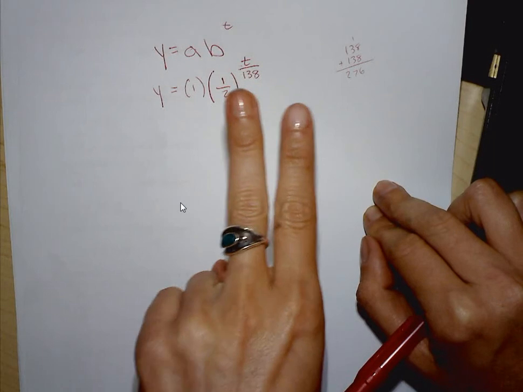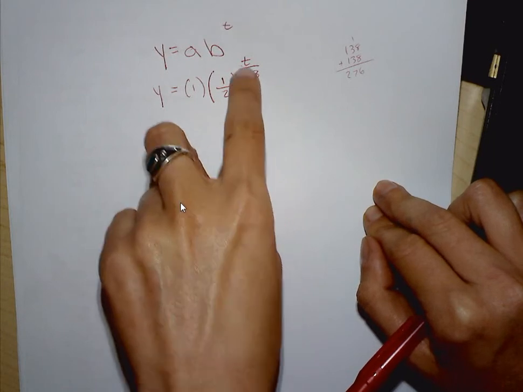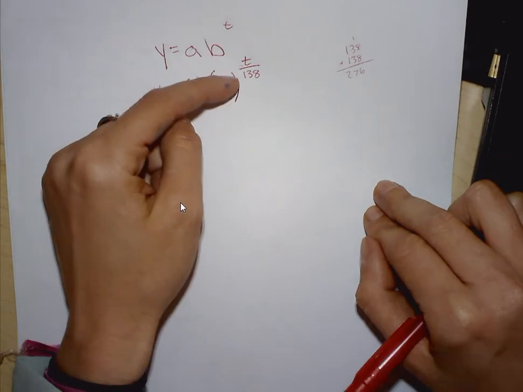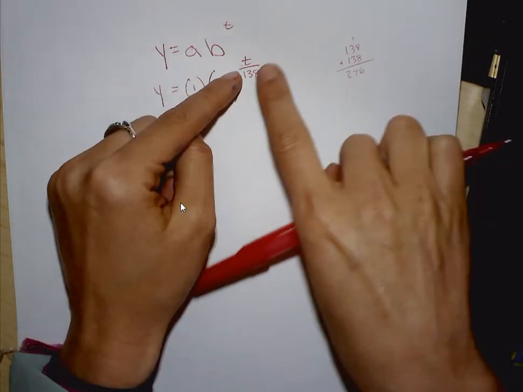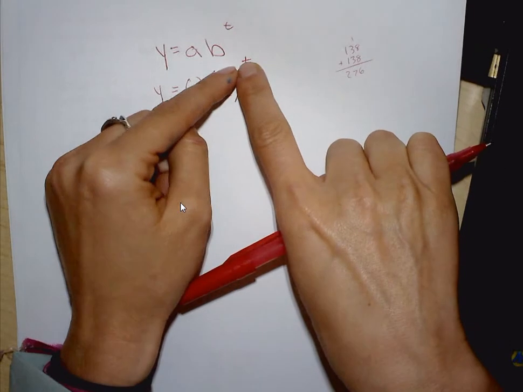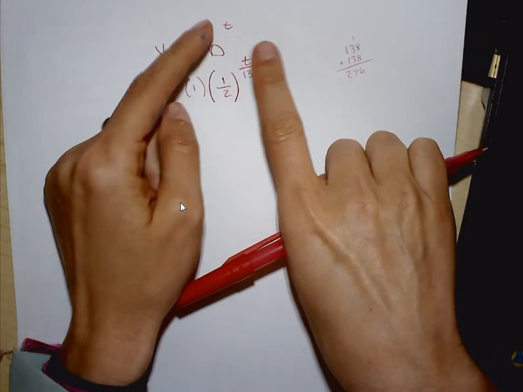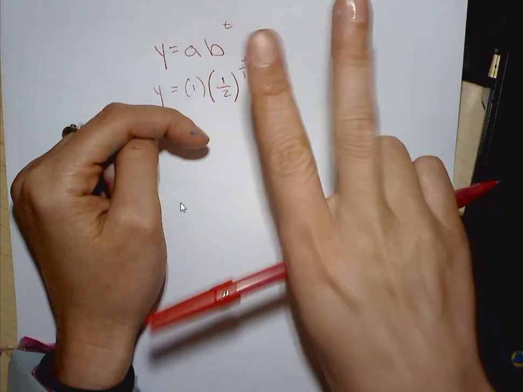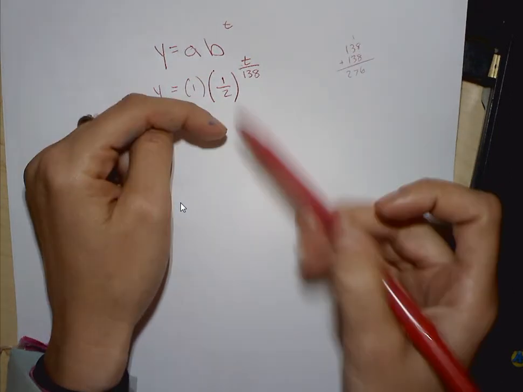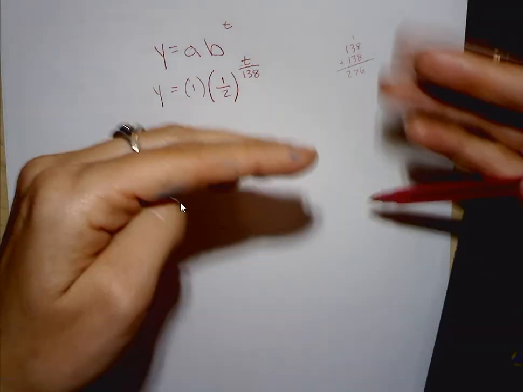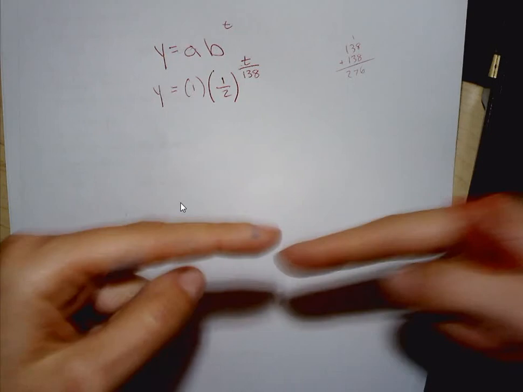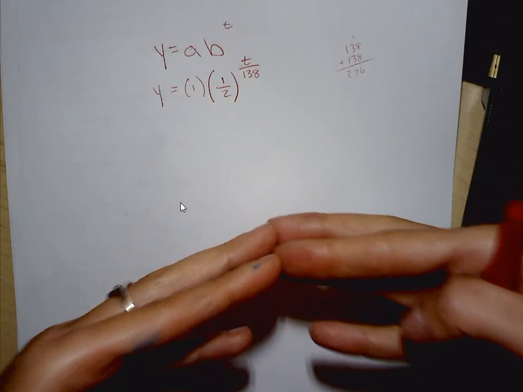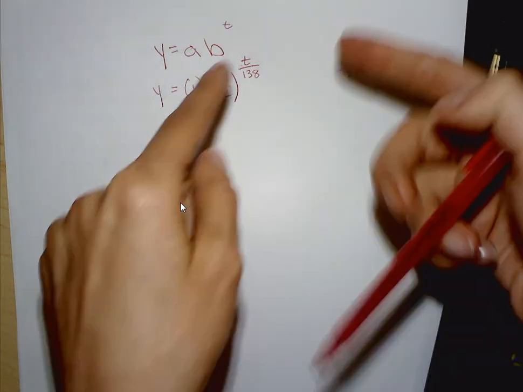So if t would be 276, 276 divided by 138 gives me 2, which makes sense since I'm halving 2 times. Just like if we were halving every 2 days, I would say t divided by 2. But in this case, since I'm halving every 138 days, it's t divided by 138.